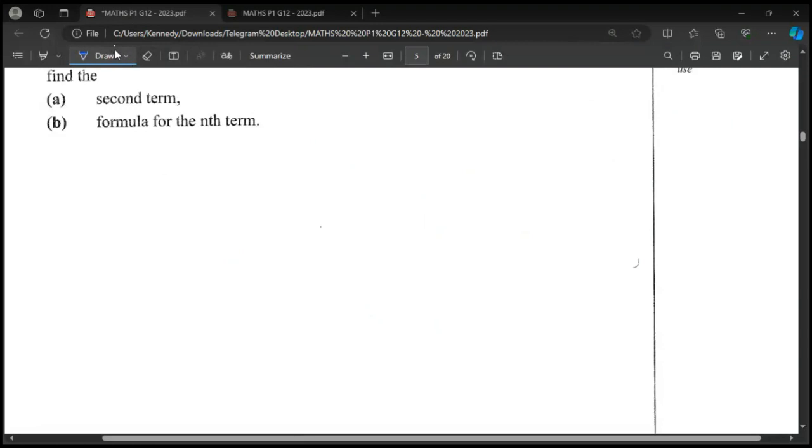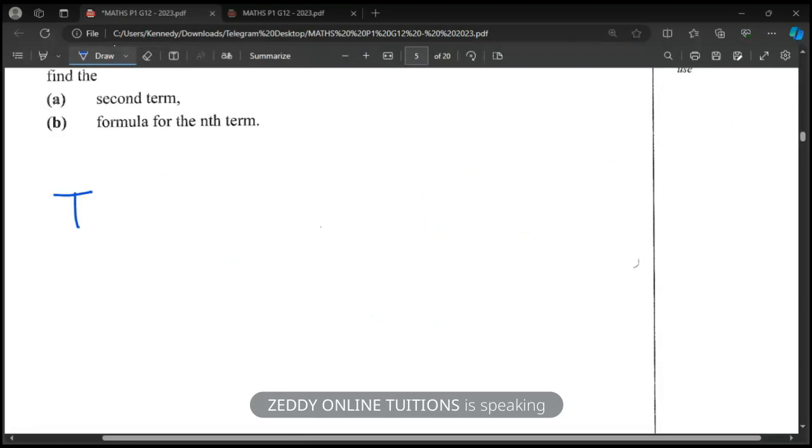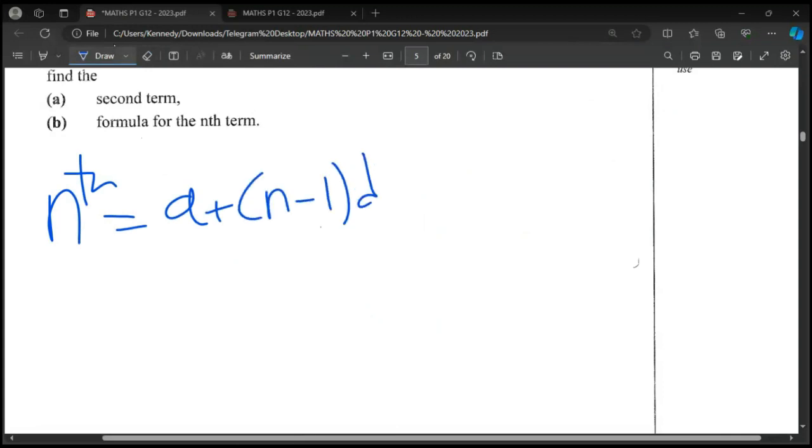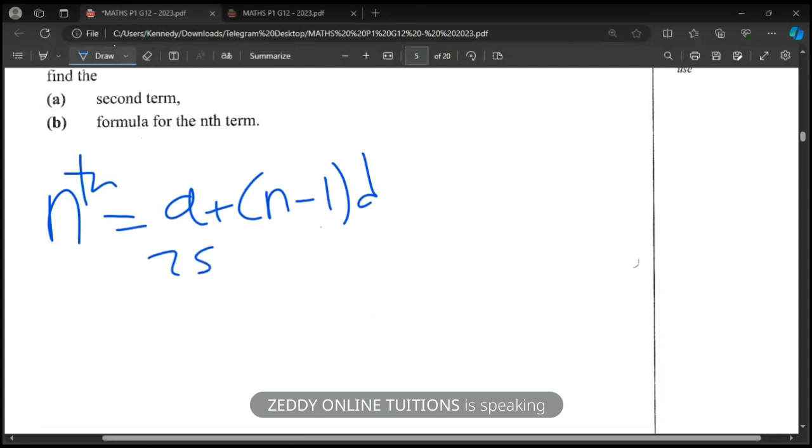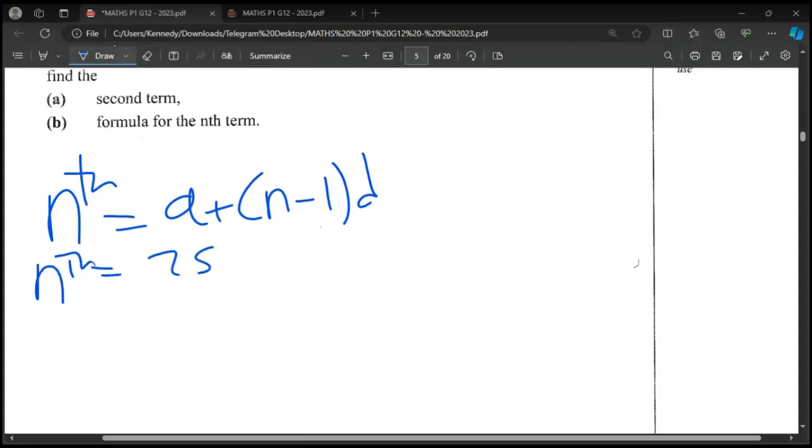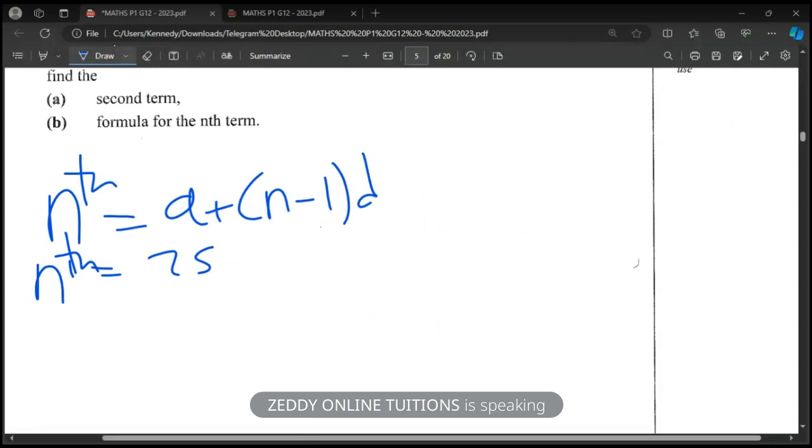Okay, so the formula for the nth term, you can use the same one, or let's be more specific, just say nth term. We just put it like that. It is equal to a plus, and we put a 25 there, plus n minus 1, and now we put a 6 there.